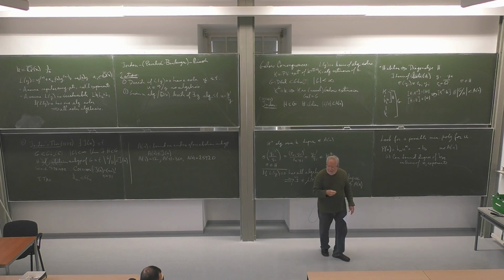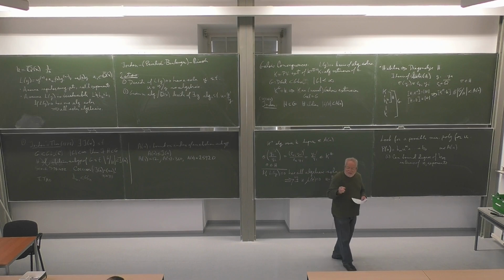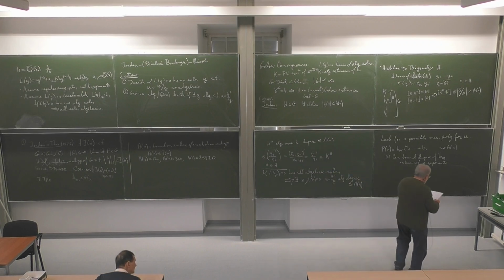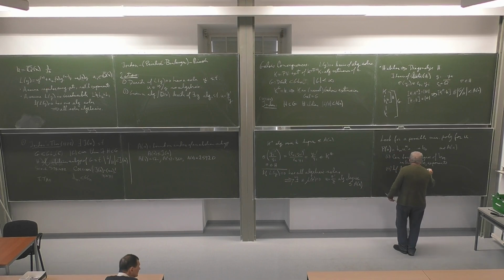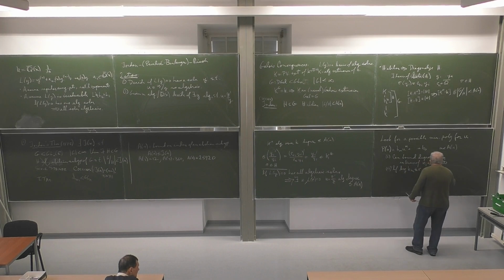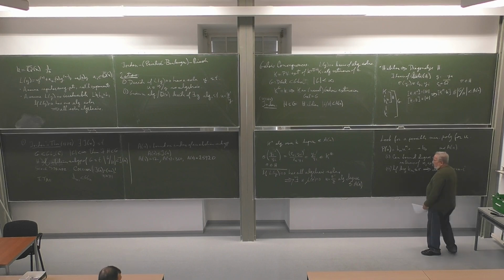And, well, I may do this later. In any case, it's an exercise. And the next thing he shows is that if the degree of Bm is less than or equal to r, then the degree of any Bi is less than or equal to r plus m minus i.